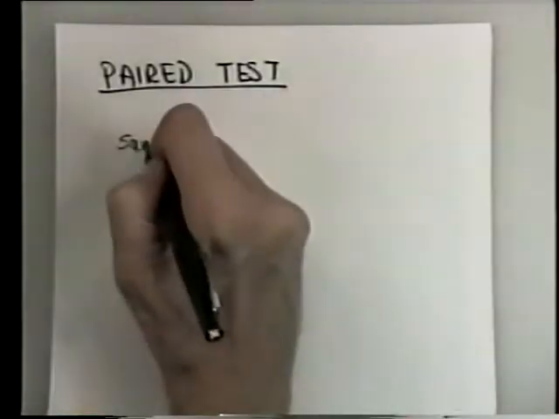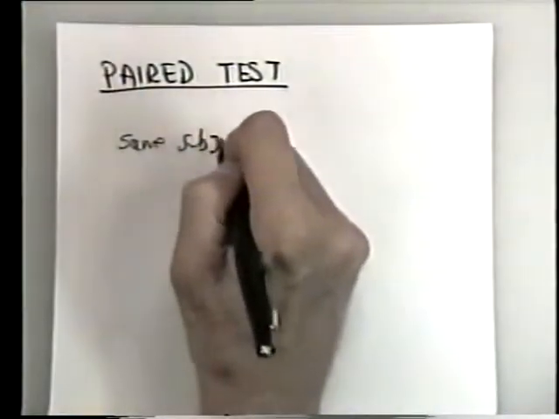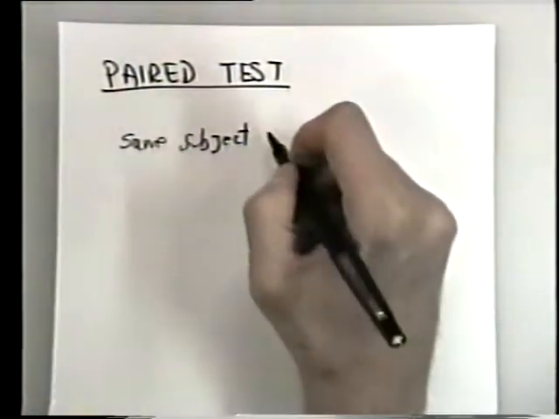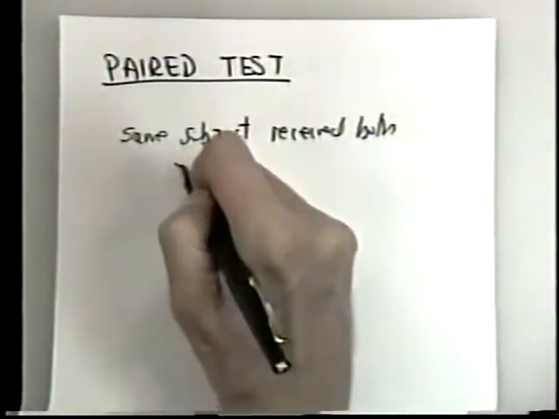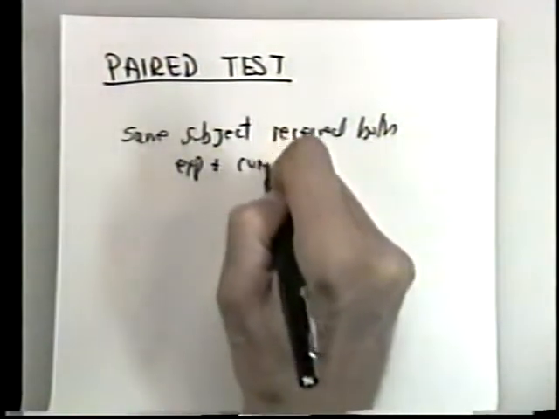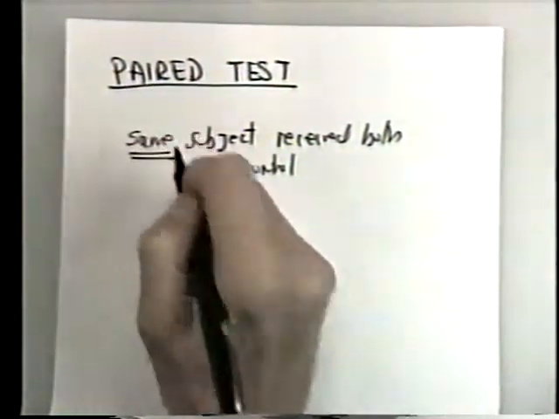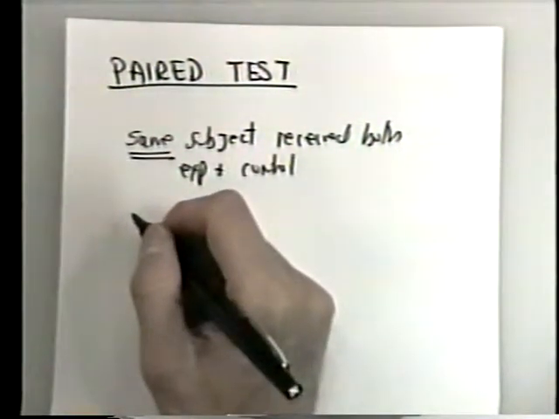What does a paired test mean? Very often in doing an experiment, we have the same subject receive both the experimental and control treatments. So is this a within group or a between group design?